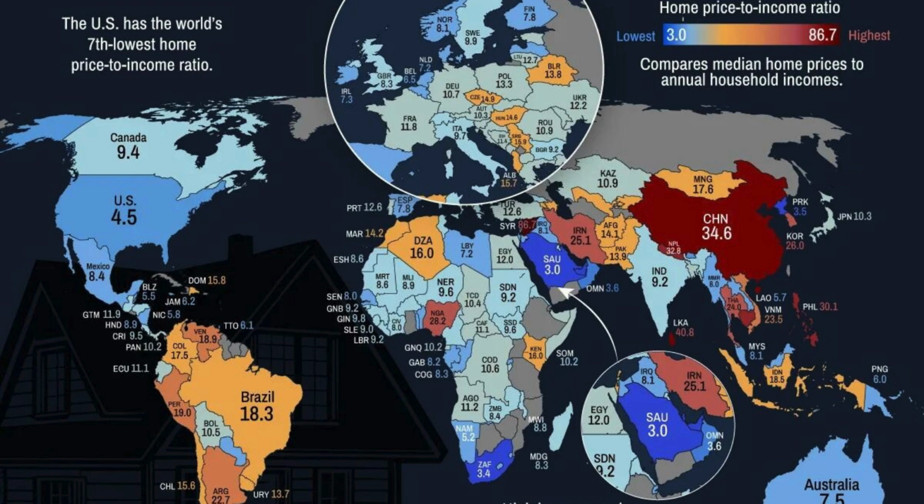So, according to this map, Saudi Arabia ranks first, seventh is the US. Is the US that cheap? Look at this.